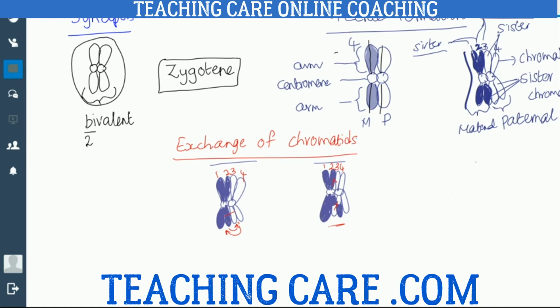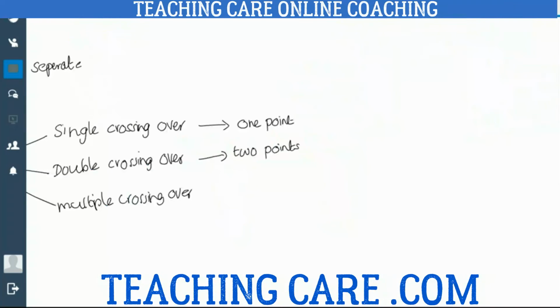Another one is multiple crossing over. Multiple means crossing over has taken place at more than 2 points. So it is called multiple crossing over.